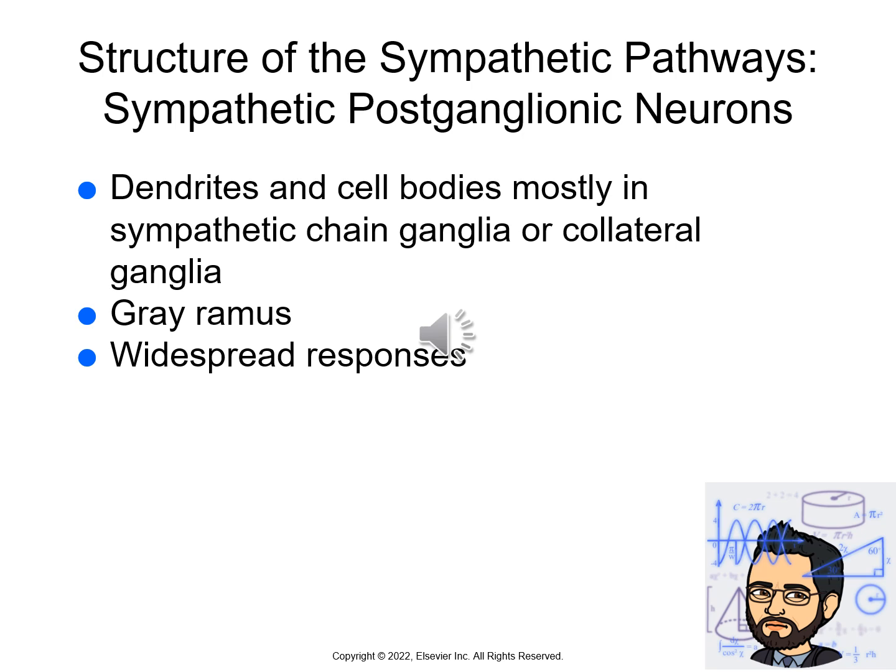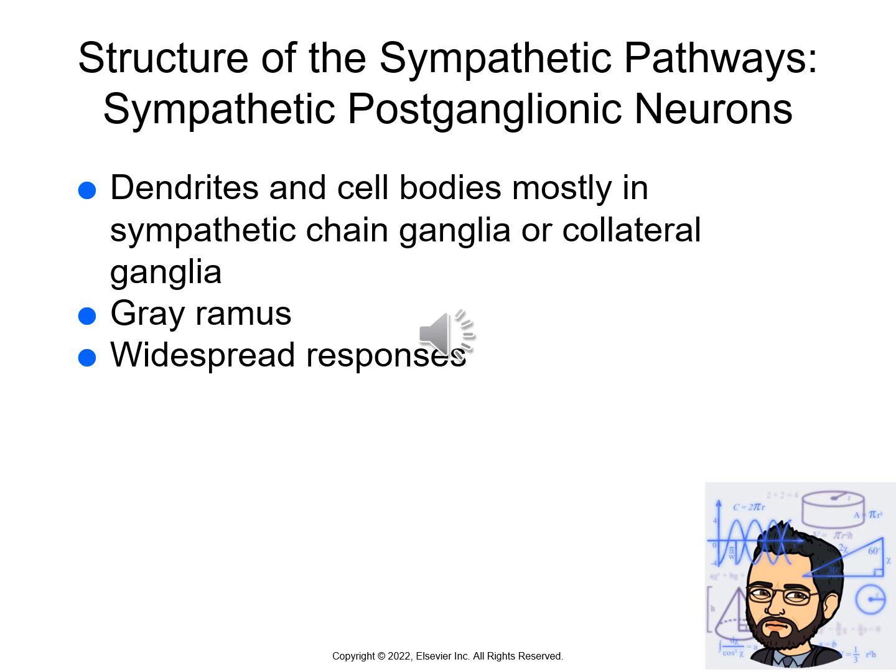Okay, so in the sympathetic nervous system, you have postganglionic neurons that have their cell bodies and dendrites primarily in the sympathetic chain ganglia or the paravertebral ganglia or the collateral ganglia, which is the prevertebral ganglia. And these ganglia are strategically placed to facilitate widespread responses.